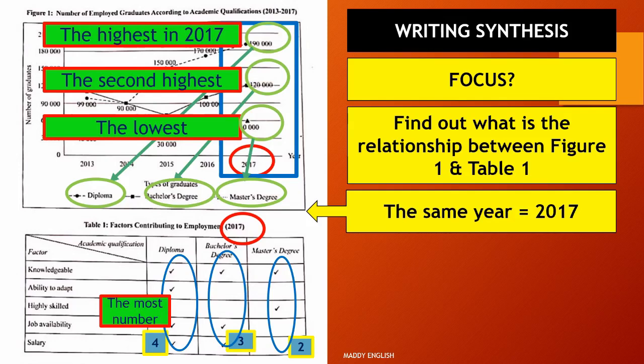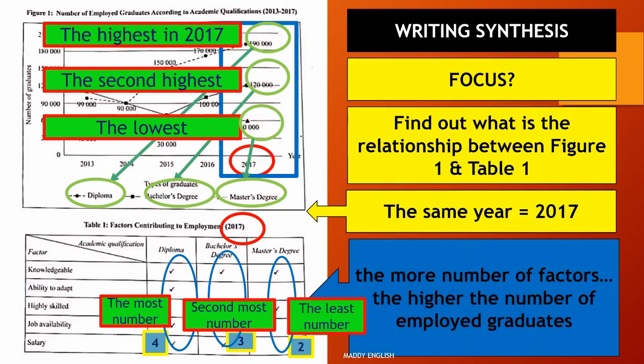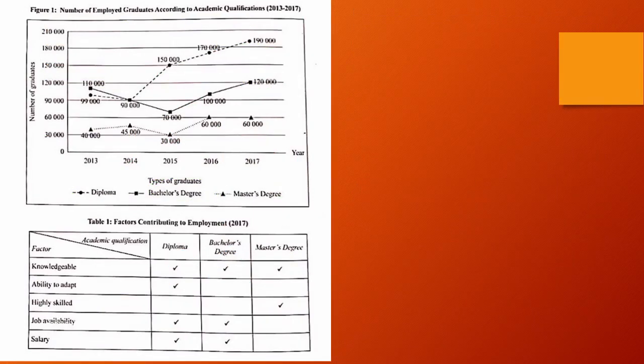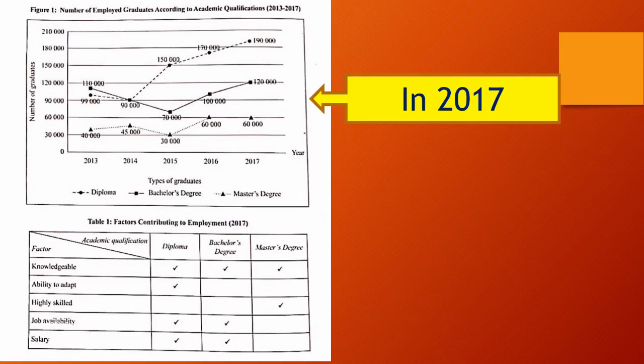So we could say that the number 4 is the most number, number 3 second most number, and master degree had the least number of factors. Which means the more number of factors contributing to employment in 2017, the higher the number of employed graduates. Get it? Now, let's focus on 2017 only.